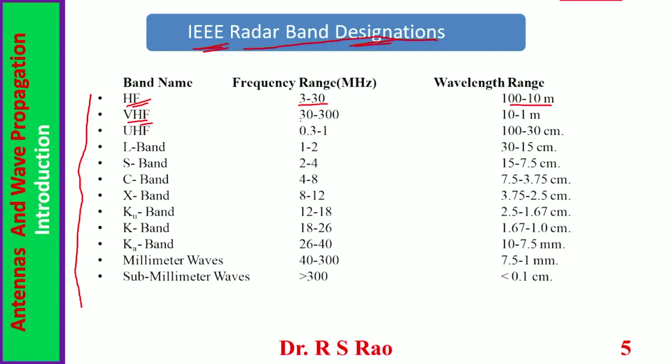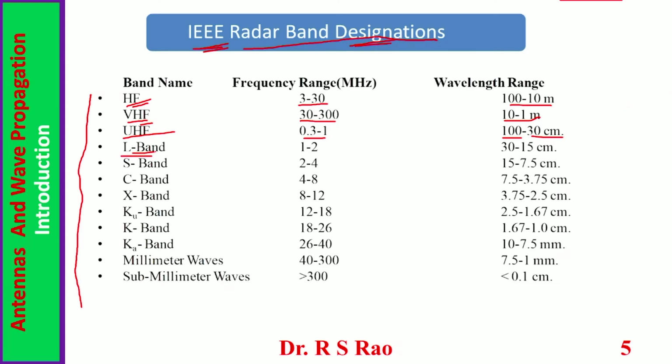Frequency range is 30 to 300 megahertz. Wavelength range is 10 to 1 meter. UHF stands for ultra high frequency. Frequency range is 0.3 to 1 gigahertz. Wavelength range is 100 to 30 cm.